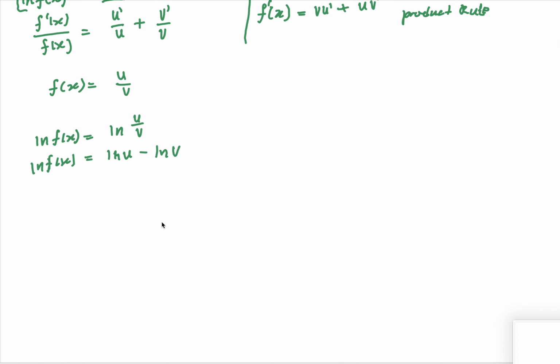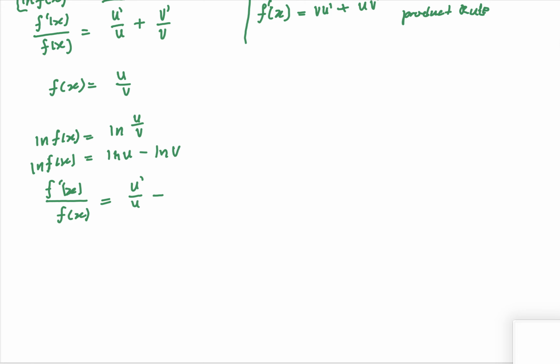So now we have these two functions, which is a very simplified form of the whole thing. So we can simply now just derive them. We write the derivative at the top and then the original function at the bottom, which equates to ln of u, the derivative of it will be u prime divided by u, minus.